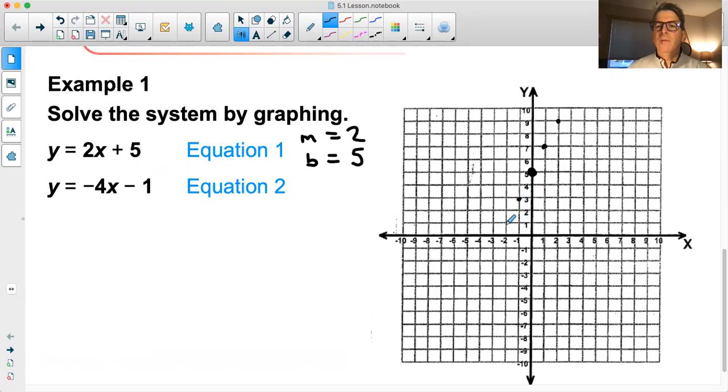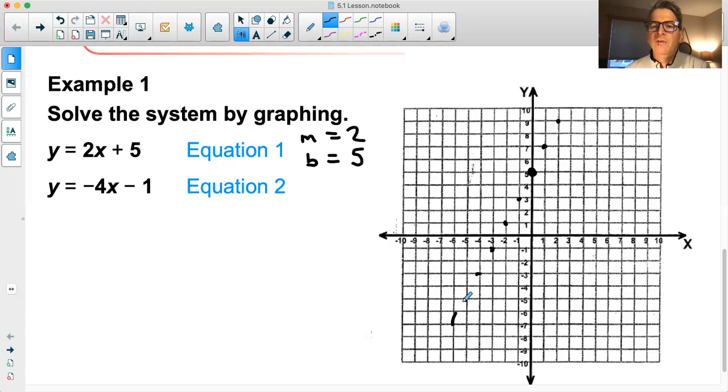Some of the things we've learned with graphing is the shape of the line, and with the shape of the line comes the sign of the slope. So we're going to go down 2 over 1, down 2 over 1, down 2 over 1.